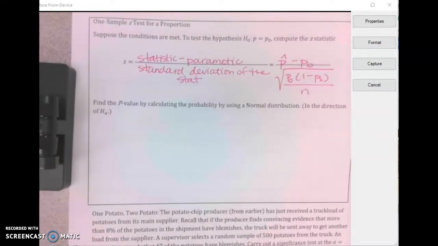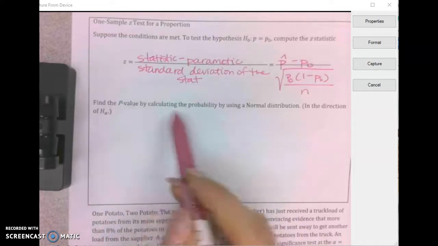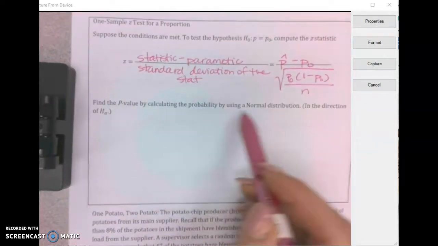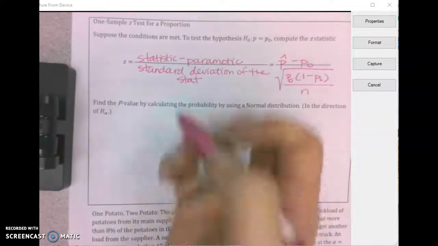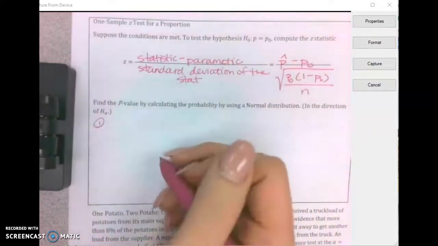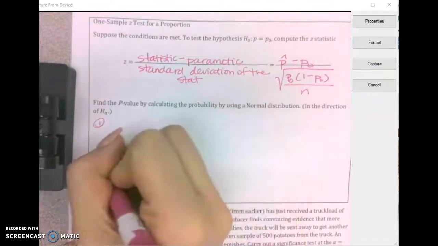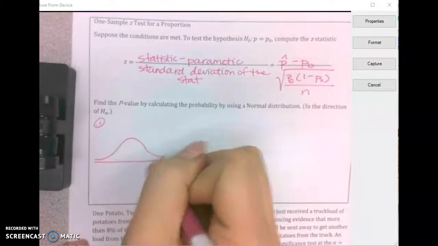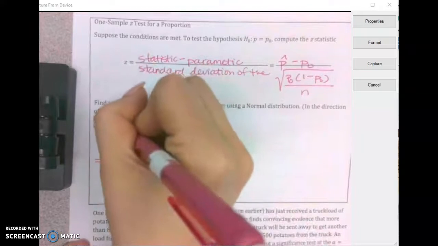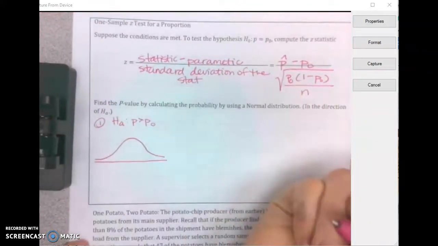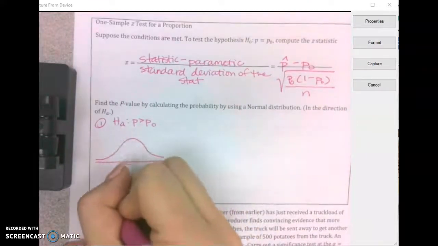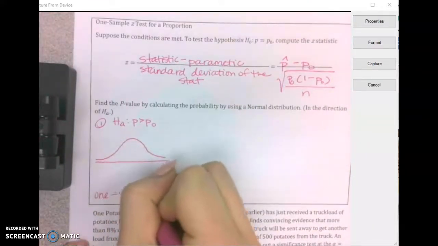Alright, so we have to find the p-value by calculating the probability using a normal distribution in the direction of H sub A. So, first option is if H sub A is P greater than P sub O. This is one-sided, okay?